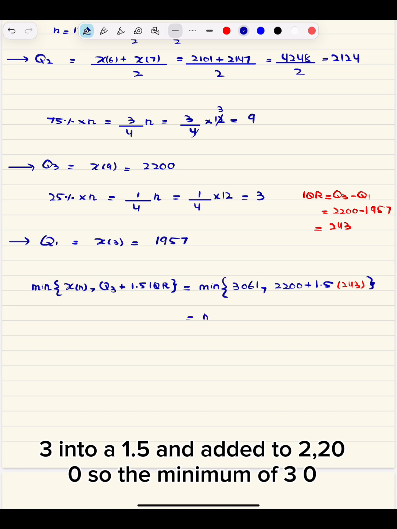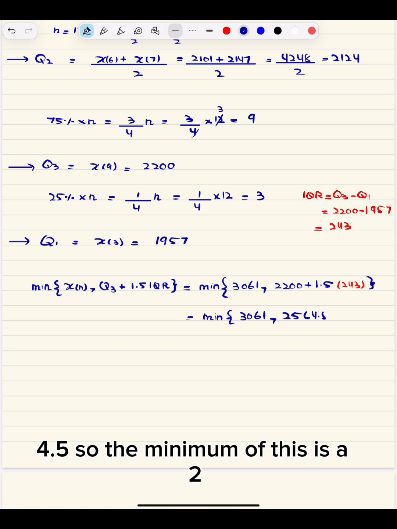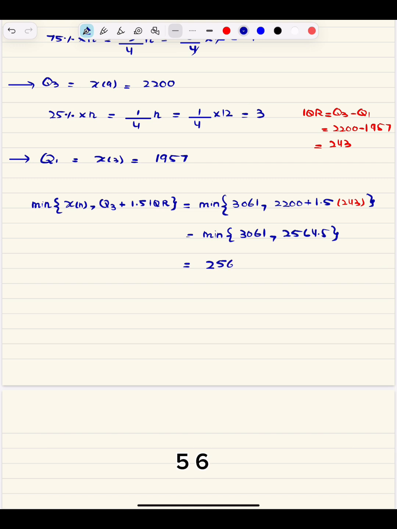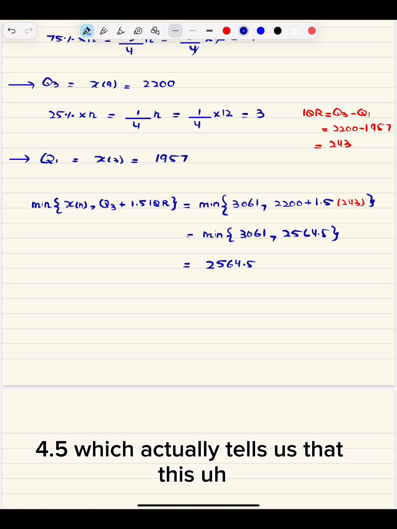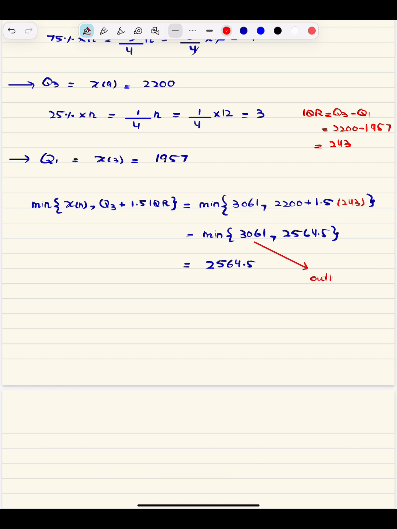So the minimum of 3061 and 2564.5 is 2564.5, which actually tells us that the entry 3061 in the data set is an outlier.